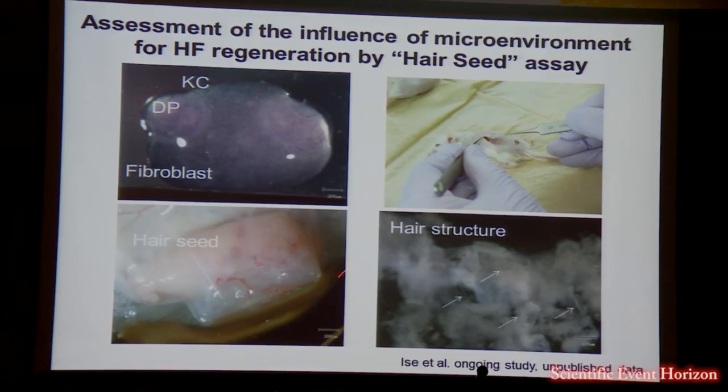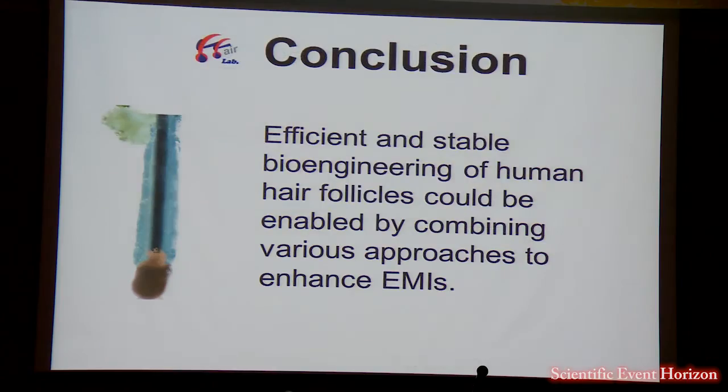Within it, we can observe the hair follicle structure like this. Although this assay is still ongoing and we need to further improve it, it can provide a useful tool to further dissect the EMI in hair follicle bioengineering.